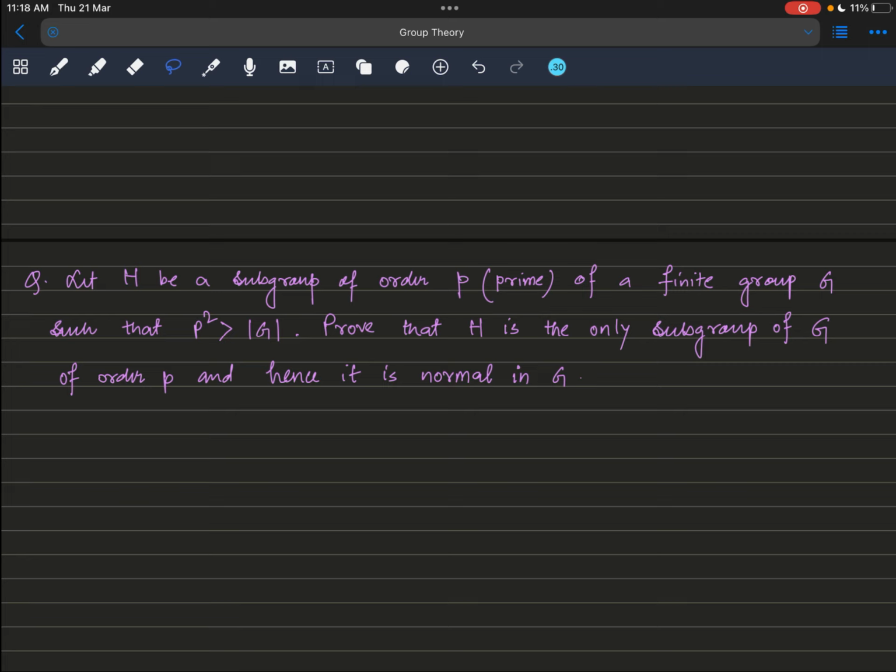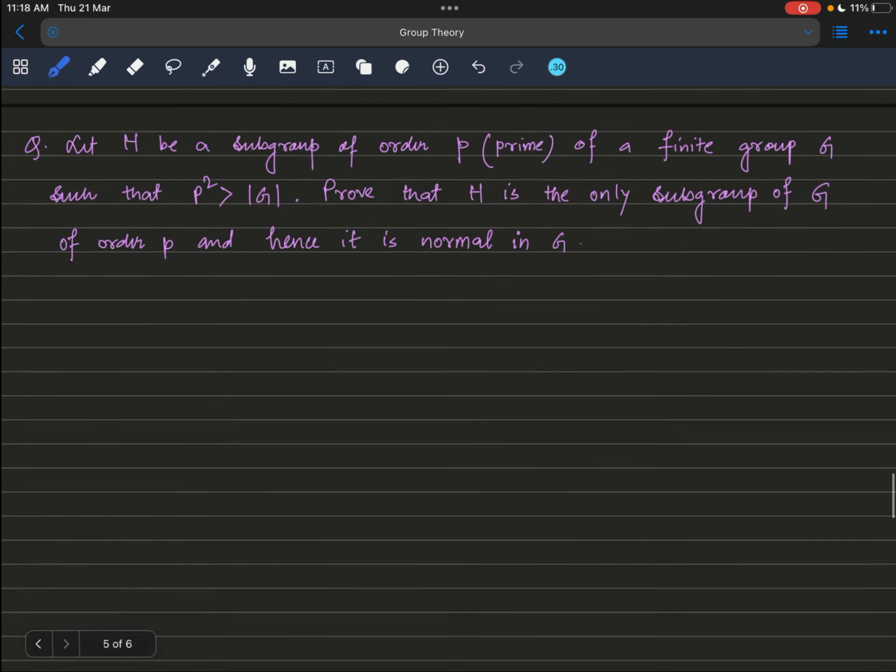Okay, so yeah, we are given H is a subgroup of order p, where p is prime, of a finite group G, such that p squared is greater than the order of G. We have to prove that H is the only subgroup of G of order p, and hence it is normal in G. Okay, this is an interesting question. Okay, solution. So how do you approach it?